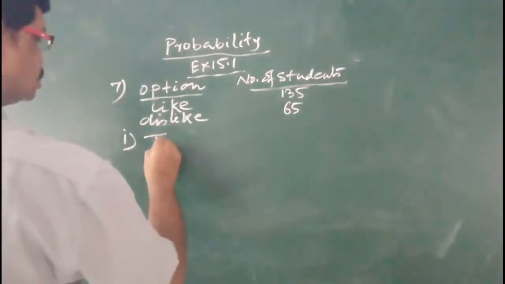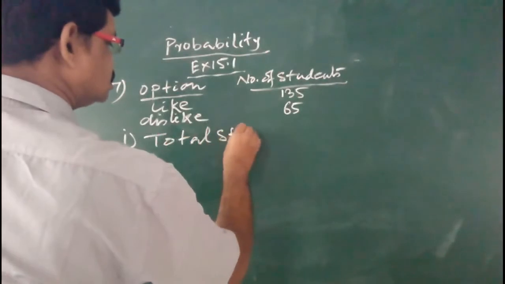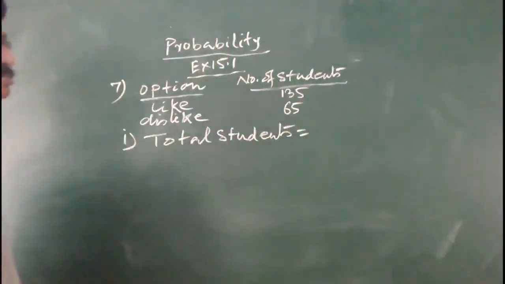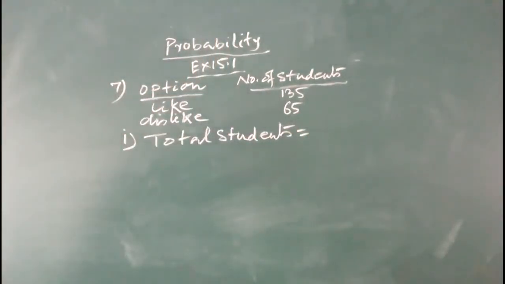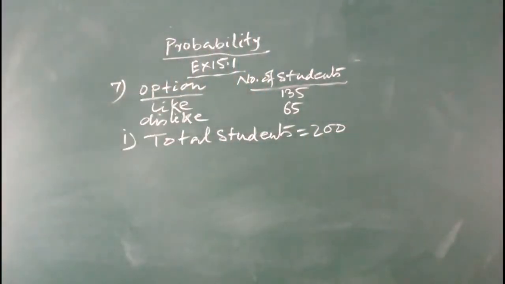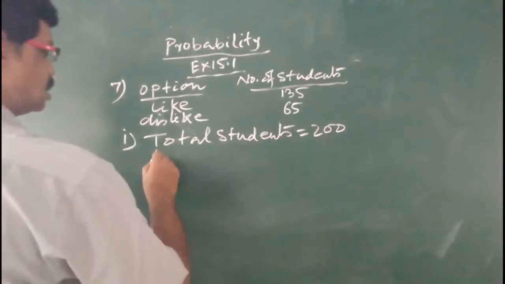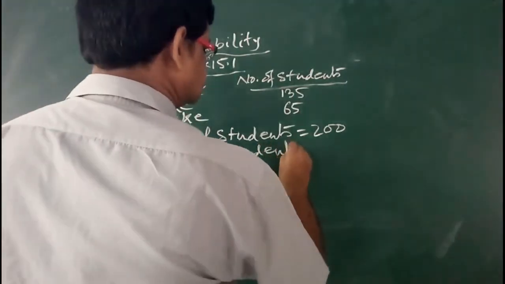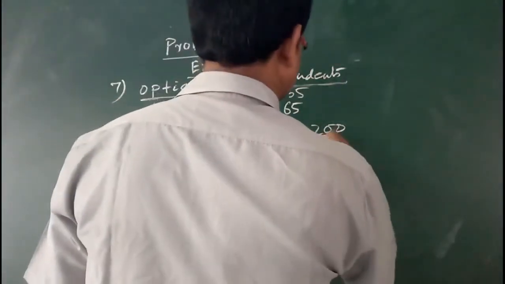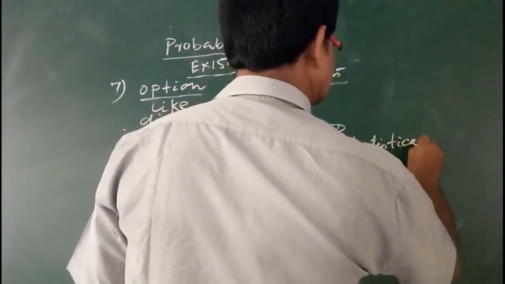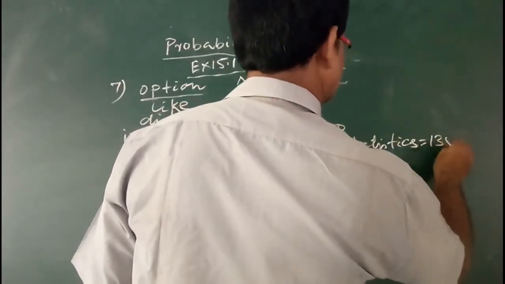So number 1, total students 200. Number of students like statistics, that is 135.